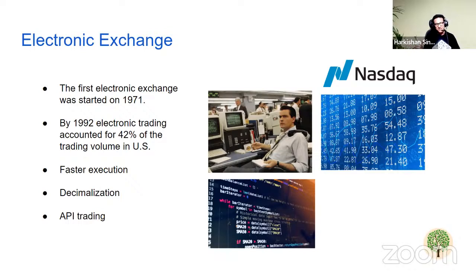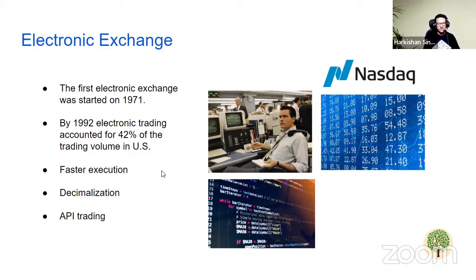Your broker has a representative in the exchange, and that guy shouts to get that order filled. So it was a very lengthy process. Electronic exchanges made it only a few seconds to get the execution.